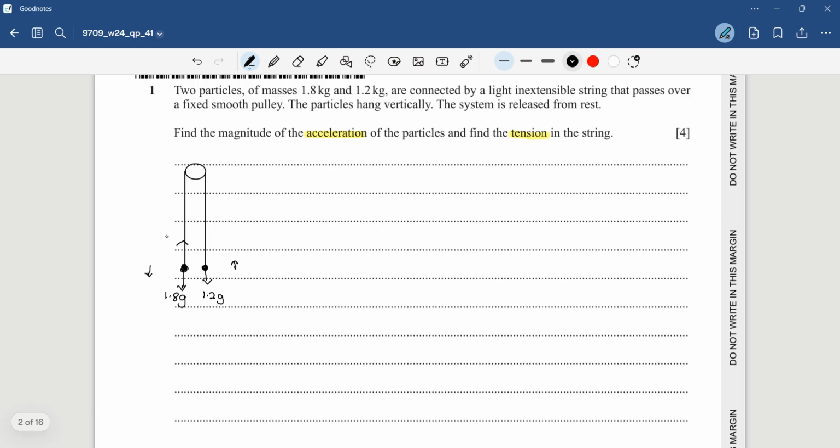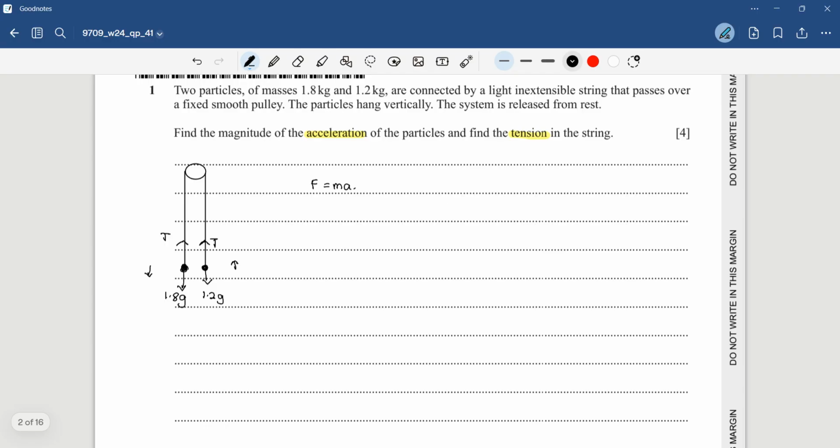The tension here will be T, and the tension here will be T. Here we need to find the acceleration and tension, so we're going to use Newton's law, F equals ma, where F is the net force, m is the mass of the particle, and a is the acceleration of the particle.